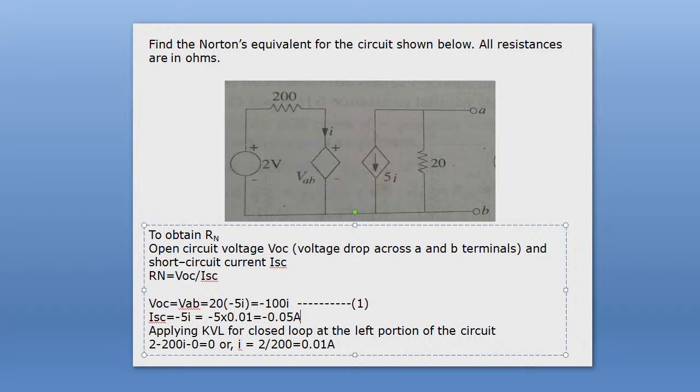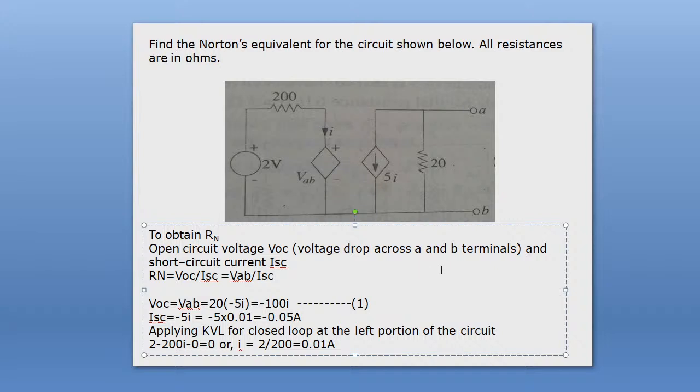Now you calculate VAB. RN equal to VOC by ISC. ISC is already obtained, so we can write VAB divided by ISC. So now you calculate VAB.